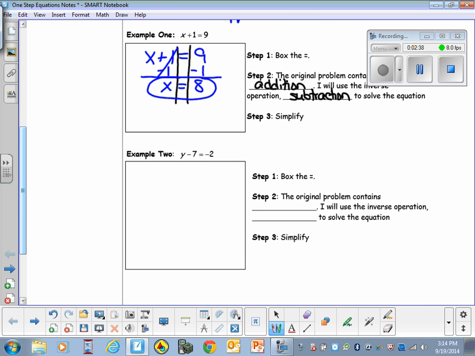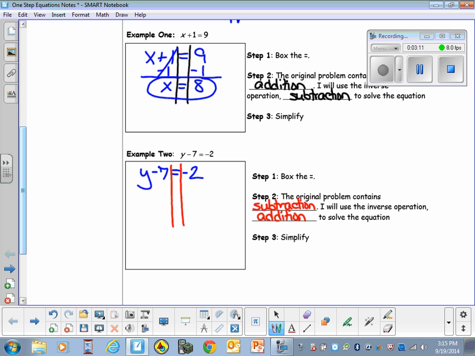Our next example is a subtraction problem. I'm going to box off the equal sign to help me remember that whatever I do on one side, I have to also do on the other. Because this problem contains subtraction, I'll use the inverse operation of addition to solve the equation.